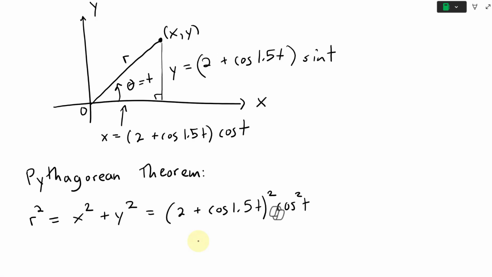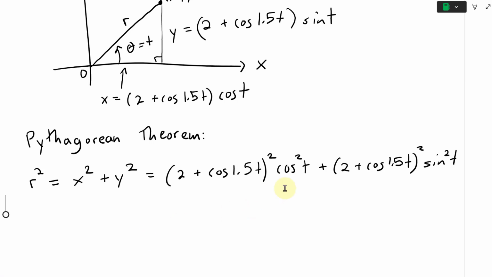I just shifted it over to try to fit this all in one line. So the next one is going to be the y. The y squared is going to be 2 plus cosine 1.5t, and then sine squared t. We can take out the common factor, since this is the same one, so we could factor that out.